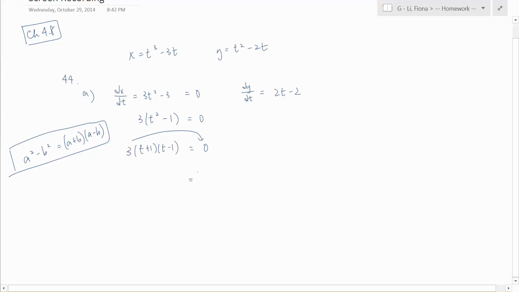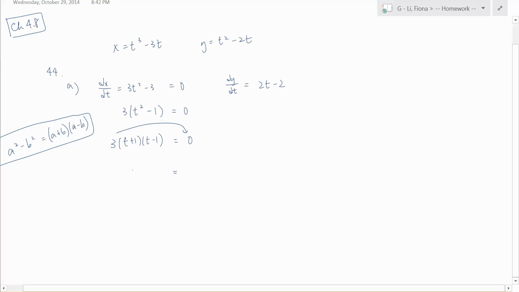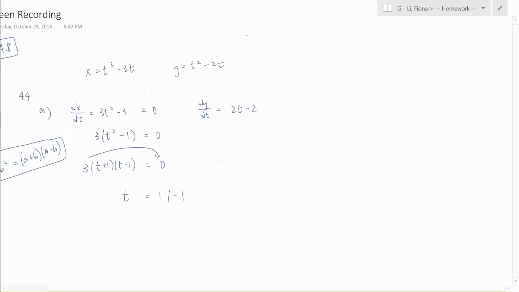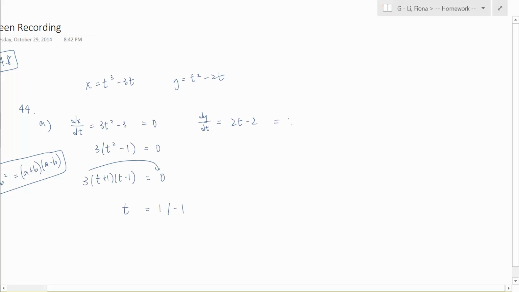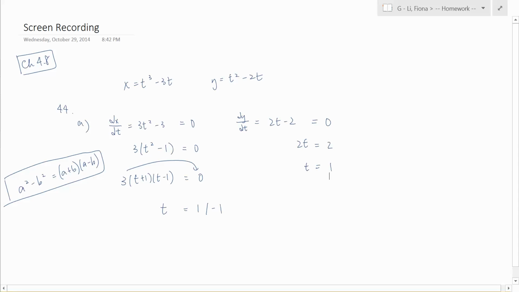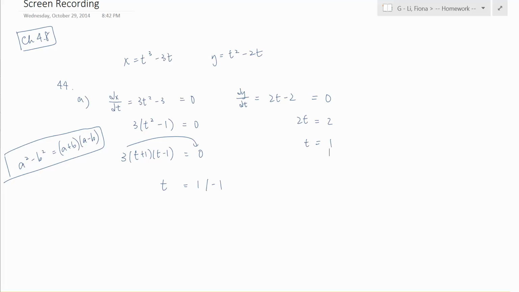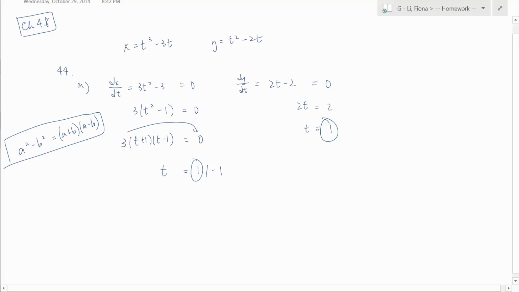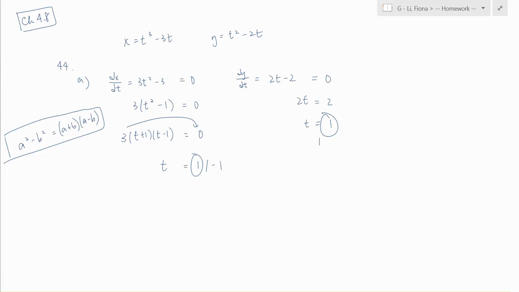And if we divide both sides by 3, the 3 will go away, and we will be left with t equals 1 or negative 1. And so for the y direction, when dy/dt is equal to 0, let's go ahead and find that. So 2t will be equal to 2, just add 2 to the other side, and t will be equal to 1. And so what we have in common here is that both the x and y direction will be equal to 0 when time is equal to 1. So this is a recurring pattern that we see for both directions.